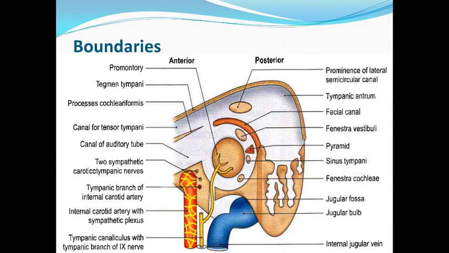So when we discuss, as I have started explaining the medial wall, or the labyrinth wall, at that time I told you that the medial wall separates the middle ear or tympanic cavity from the internal ear.